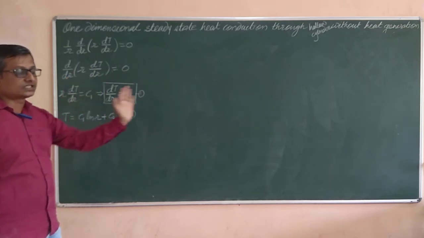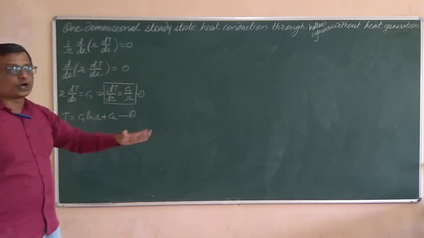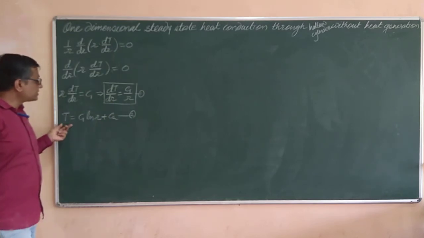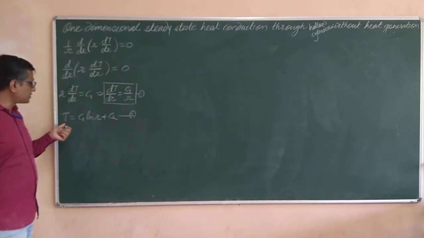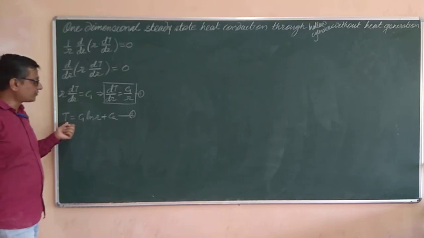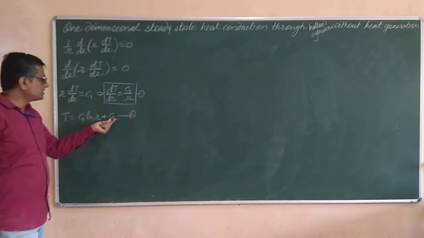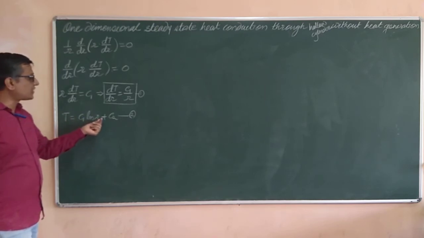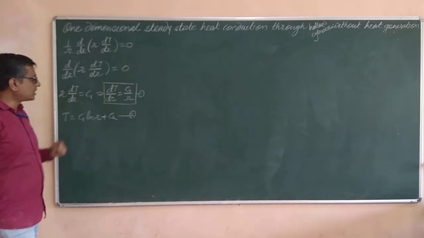As the radius is increasing, the temperature will drop accordingly in inverse proportion, right? The second equation is the equation for the temperature profile with respect to r. C2 is a constant, C1 is also constant, so T is a natural log of r. So it will vary accordingly.